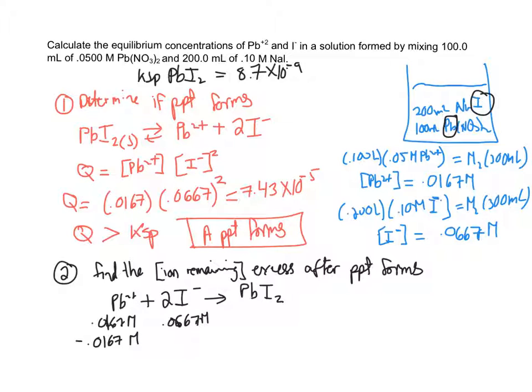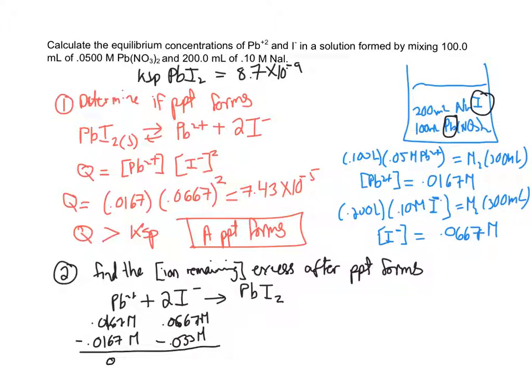I use up all of it actually. And then for the I−, I'm going to use twice as much as my Pb2+. So minus 2 times 0.0167 is 0.033 molar. And so that's how much is going to be used up to form my precipitate.